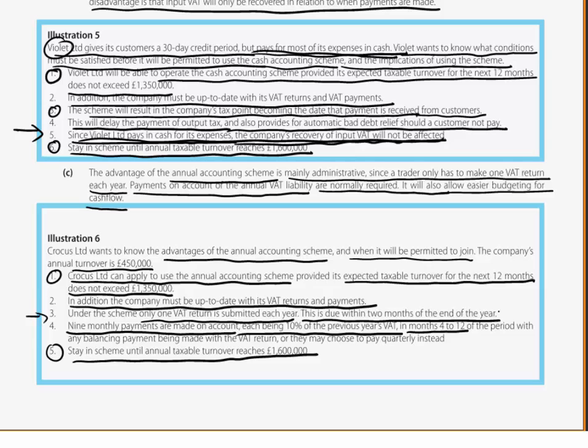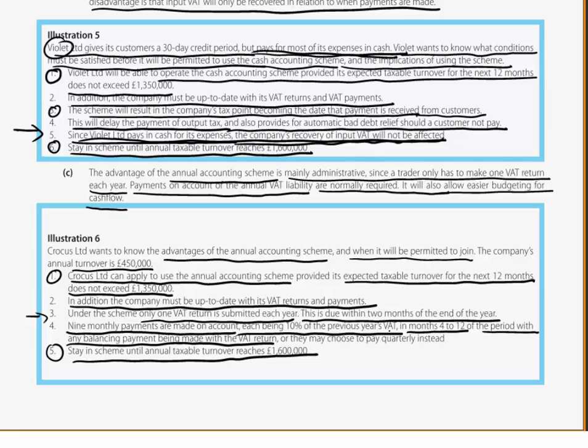The reason being, you make those payments on account through those 9 months, from month 4 to month 12 of the period, with any balancing payment, here's the 10th and final payment, being made with the VAT return. As we said, you can work on a quarterly basis instead, but again it would routinely be a monthly basis so far as we are concerned.